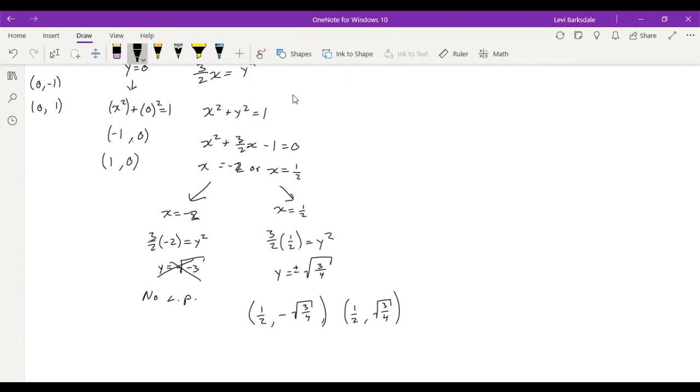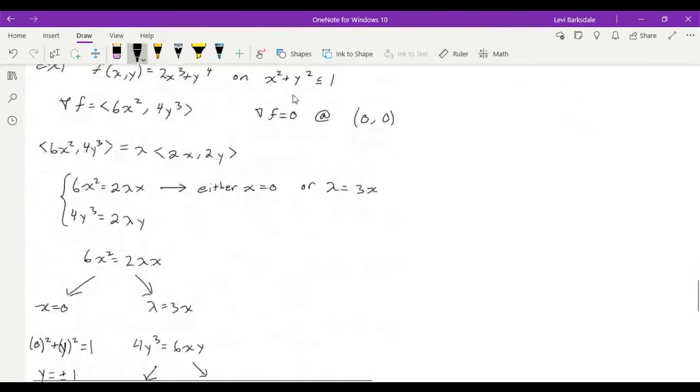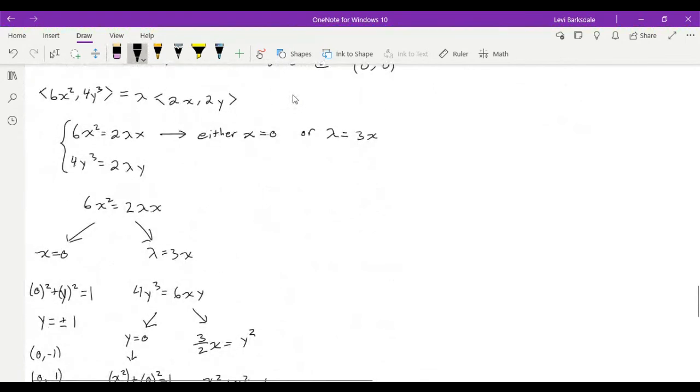Cool. Okay. Am I missing any critical points? I don't believe so. Then we would need to work through the same process using this second equation.